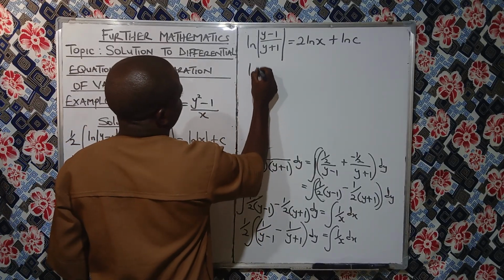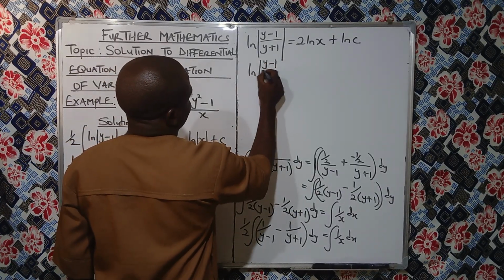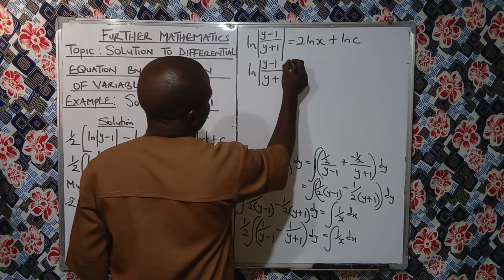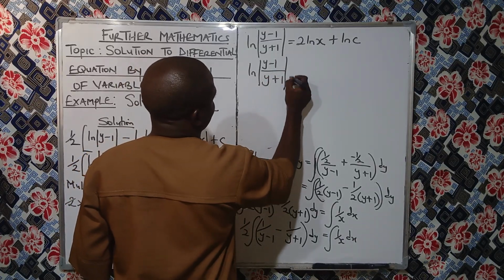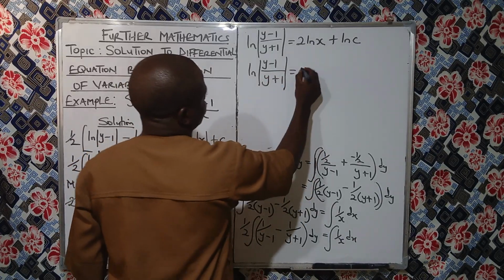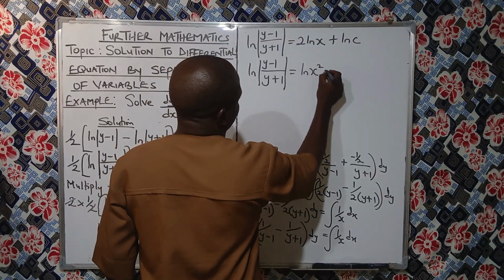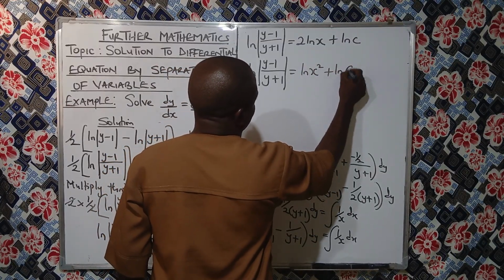Now ln y minus 1 over y plus 1 equals, take 2 to the front, becomes ln x squared plus ln c.